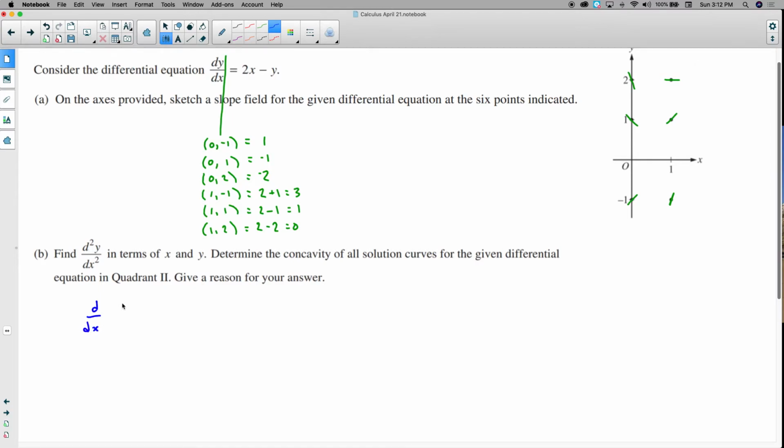That's the command to take the derivative. We're supposed to take the derivative of the derivative dy/dx. So I can set this up looking like this, where I take the derivative of each side. Okay, so over here on the left side is then the second derivative.